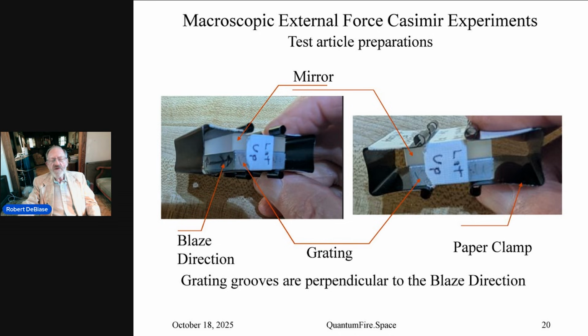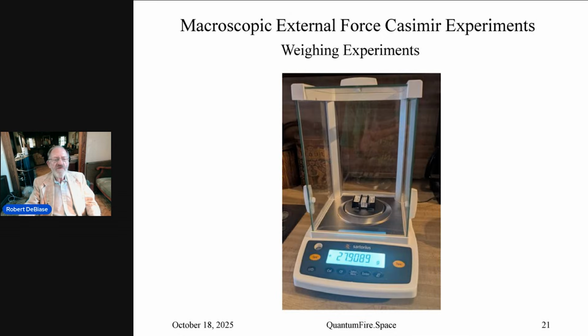In fact, you can see there's an aluminum coating on the grating, and that's because in the evaporator, the atoms were coming down at that angle. The grooves are perpendicular to the blaze direction, and so this is the scale that was used. It measures to 1/10 of a milligram.